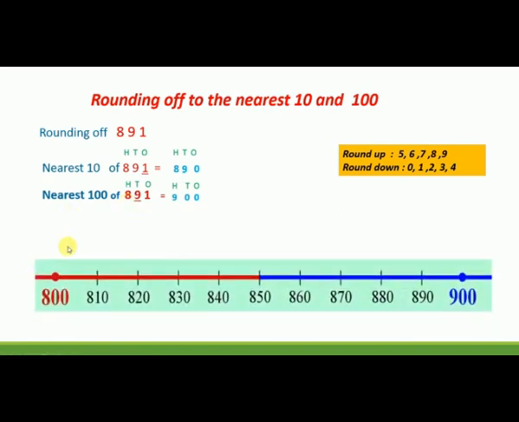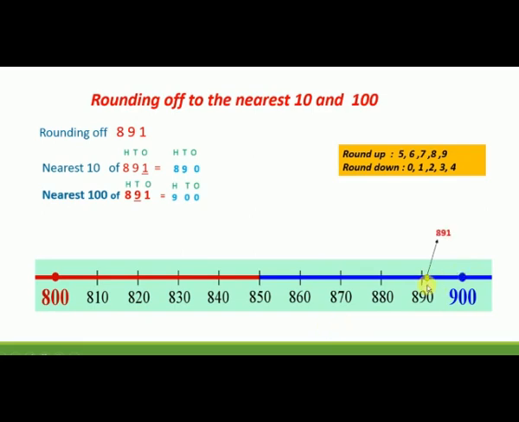Let us see what the nearest 10 of the number 891 is, and the nearest 100 of 891. Have a look at the number line. Can you find where the number 891 will come on the number line?